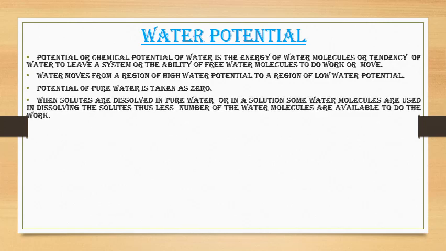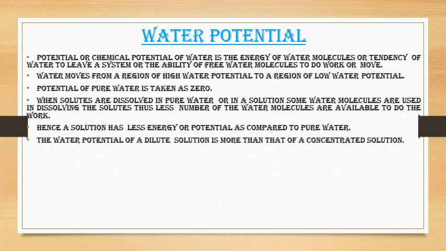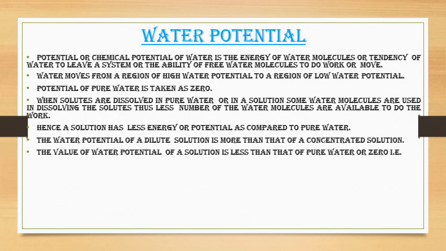When solutes are dissolved in pure water or in a solution, some water molecules are used in dissolving the solutes, thus fewer water molecules are available to do work. Hence, a solution has less energy or potential as compared to pure water. The water potential of a dilute solution is more than that of a concentrated solution. The value of water potential of a solution is less than that of pure water, or zero.